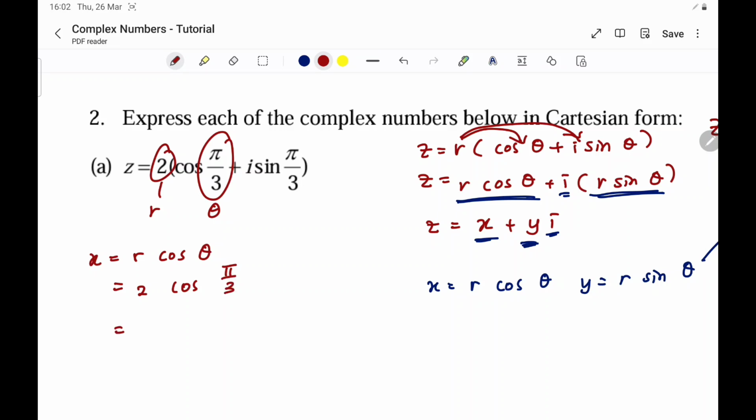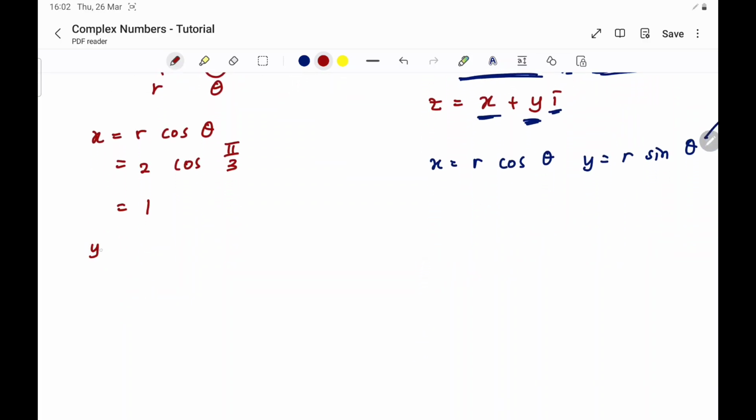Here you're going to get the answer equal to 1. You can just simply use a calculator for this one. And then y, you will get r sin theta, where r is equal to 2 and theta is equal to pi over 3. Then you use the calculator, you're going to get 2 sin pi over 3 is equal to square root 3.